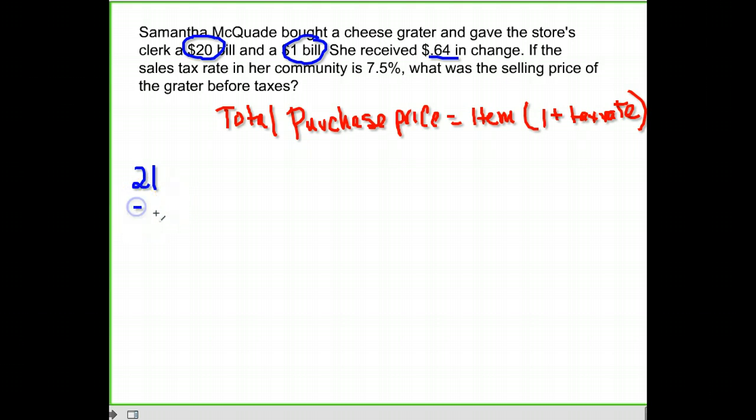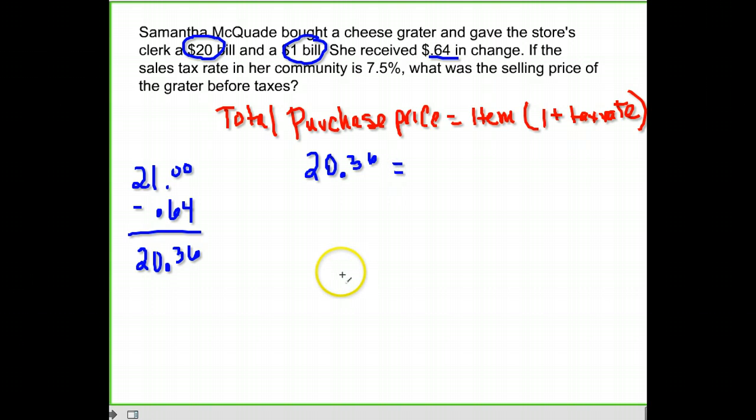Good, so it's $21 minus 64 cents is the purchase price that she paid. Okay, so she paid $20.36 total. That was for tax and for the price of the cheese grater. Okay, we don't know the price of the cheese grater. That's what we're trying to find.